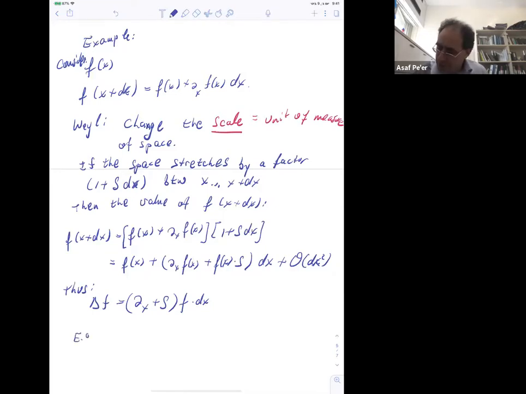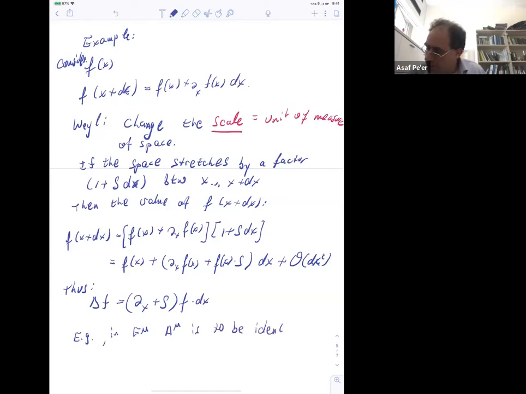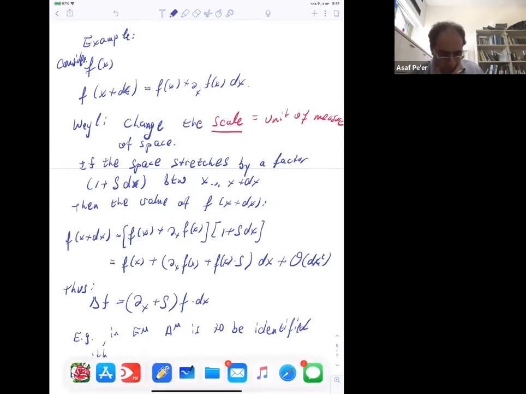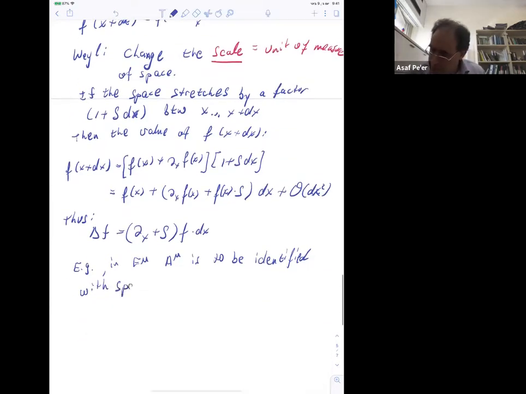So in electromagnetism, S mu is to be identified, or I should say the opposite: A mu is to be identified with the space-time dependent generator, S mu.